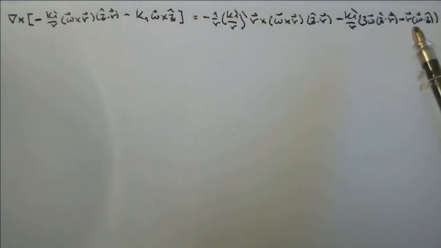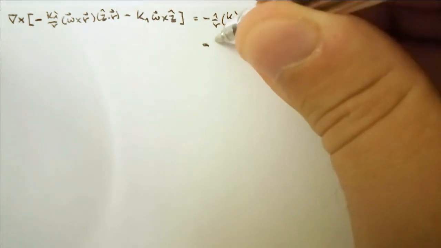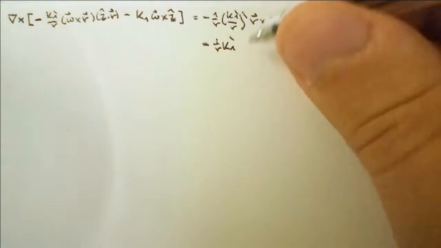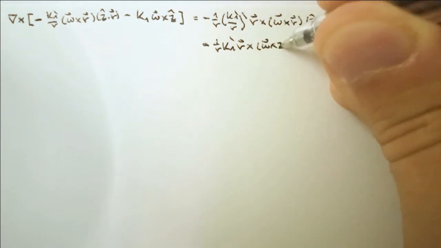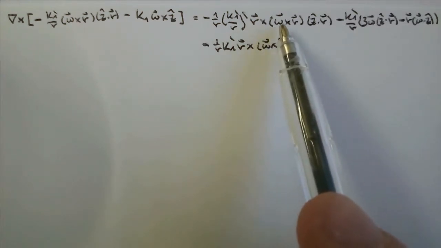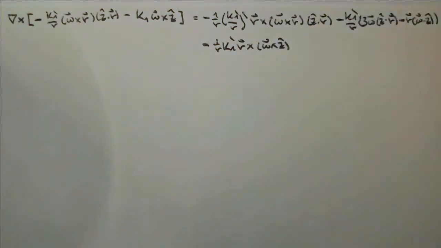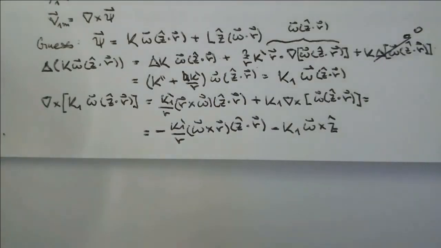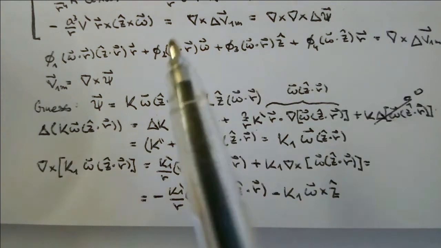The last term should be minus this term curled, so it's 1 over r k1 prime r curl of omega curl z. And as you can see, if you rewrite this term, it is proportional to omega vector and zr, which is exactly omega vector zr. So this is this term, and there is also this term hidden.